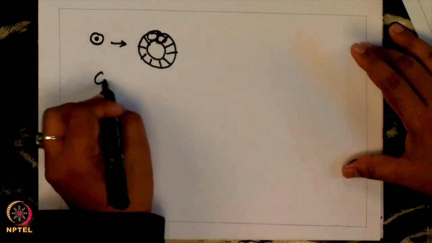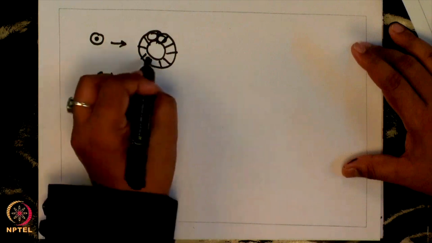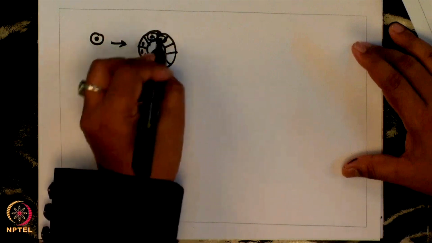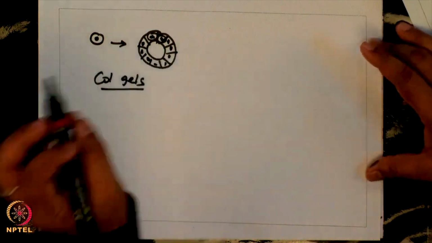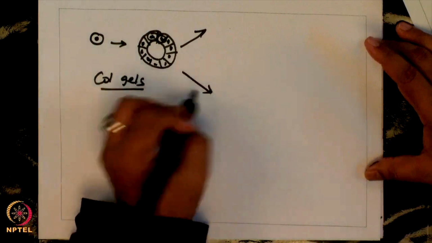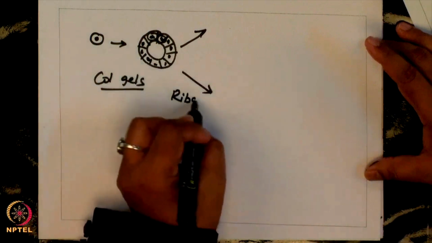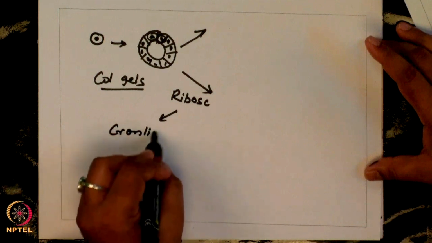This was done using collagen gels. Then they did two experiments. In one case they did not do anything, in the other case they added ribose for cross linking the collagen.